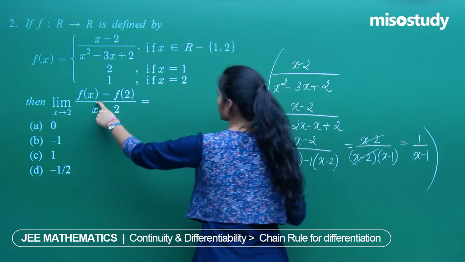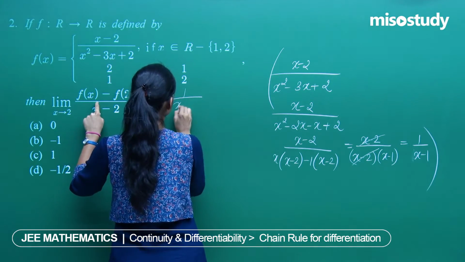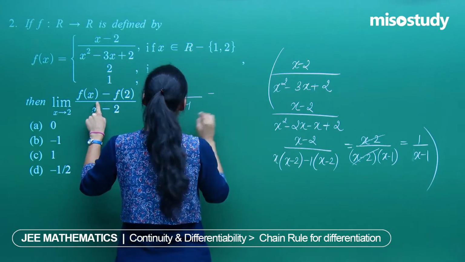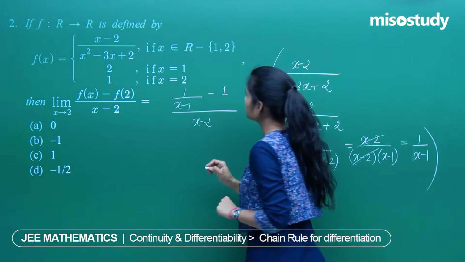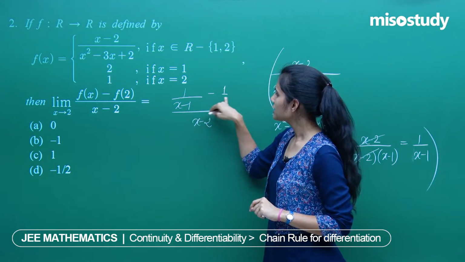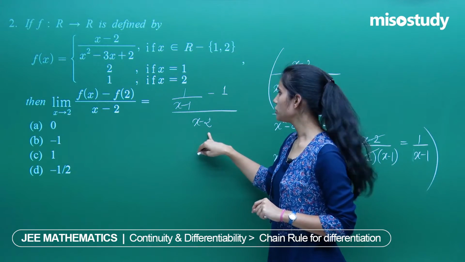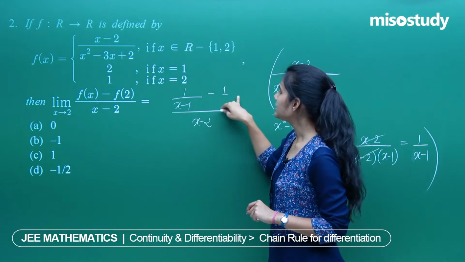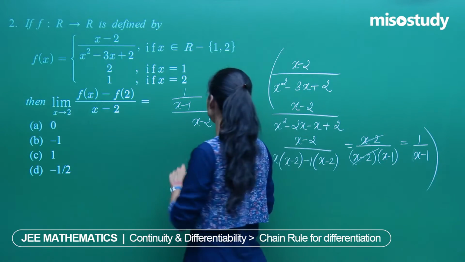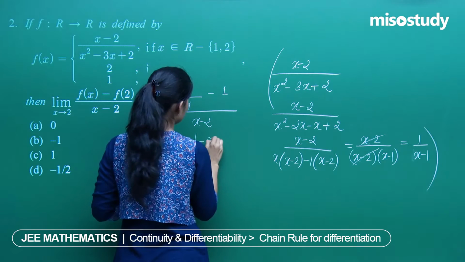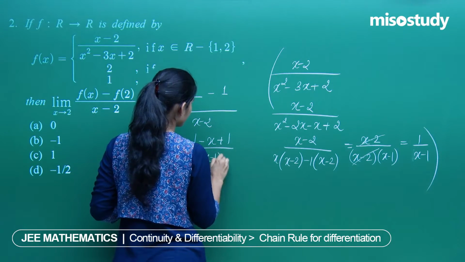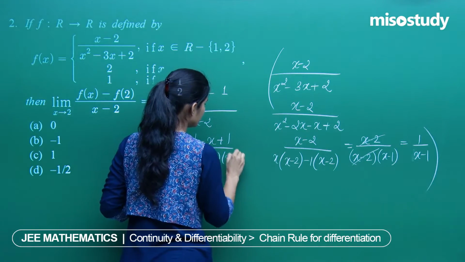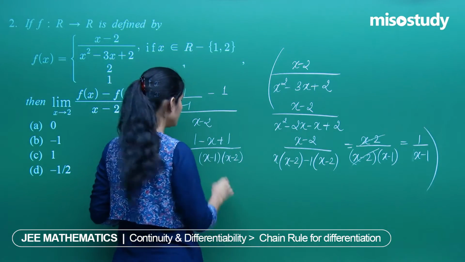Now plug in place of f of x over here. So this is 1 upon x minus 1 minus f of 2. f of 2 is 1, whole upon x minus 2. 1 upon x minus 1 minus 1, whole upon x minus 2. So what you get is 1 minus x minus 1, or I should write 1 minus x minus minus plus 1, whole upon x minus 1 into x minus 2. So this becomes what?